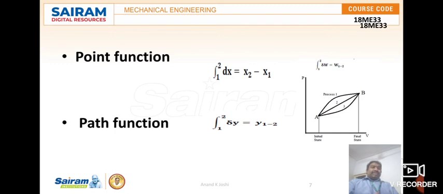Similarly for heat, only after heat transfer from the surroundings to the system can we say what the heat transfer and work transfer are. That's why heat and work are path functions, whereas all other properties of a system we call point functions. This is a very important and fundamental concept to understand all the concepts related to thermodynamics.